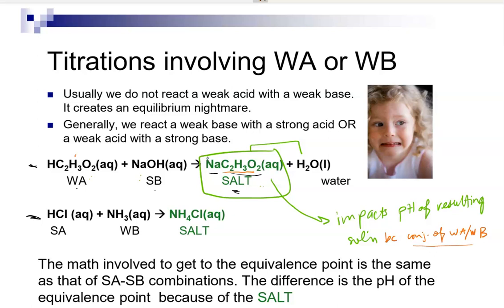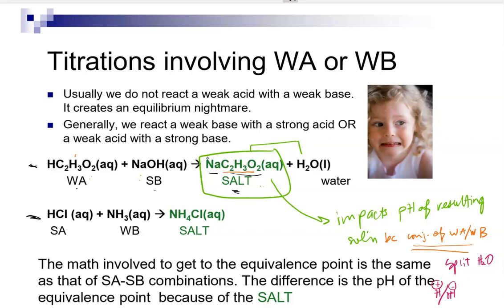Because of the presence of that guy, it's going to split water. Remember HOH, right? So they're going to take up H plus from the solution and leave the OH minus behind, which would create a basic solution, or it's going to take up the OH minus and leave the H plus behind, which would create an acidic solution.